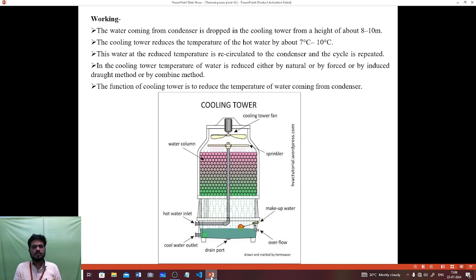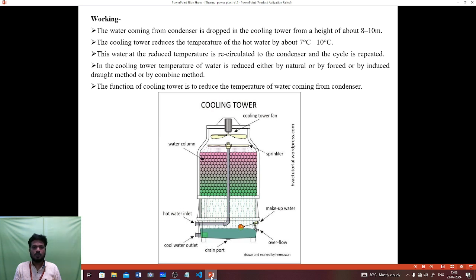In the cooling tower, the temperature of water is reduced either by natural or forced or induced draft method or by a combined method. The function of the cooling tower is to reduce the temperature of water coming from the condenser. Now we are going to see about the diagram.